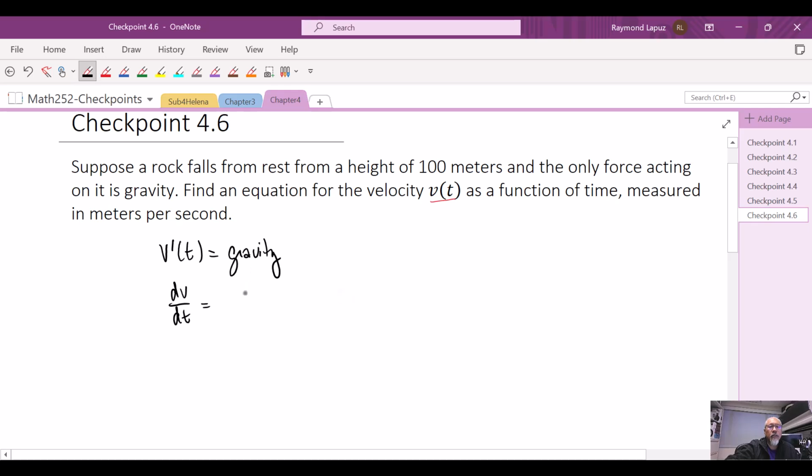It's, I think in meters, negative 9.8 meters per second squared. Okay, so that is our differential equation. We can rewrite this as v prime equals negative 9.8, which is fairly simple. This is your differential equation.